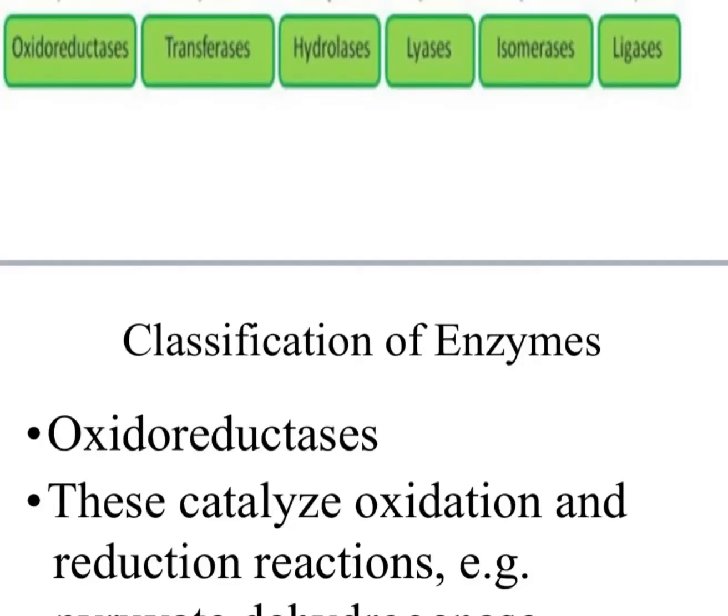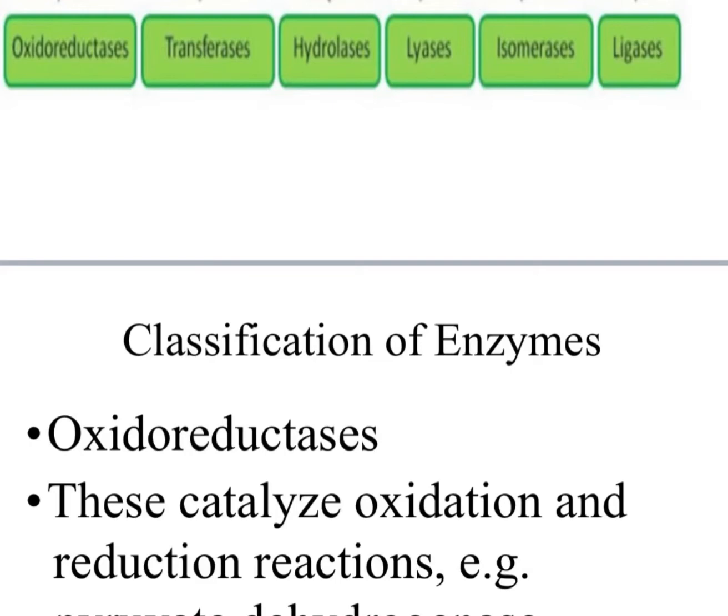Okay, so as you see here, enzymes are vastly divided into 6 categories: oxidoreductases, transferases, hydrolases, lyases, isomerases, and ligases. So classification of enzymes, as you see here, the first category is oxidoreductase. Oxidoreductase is basically a combination of oxidation and reduction reactions.